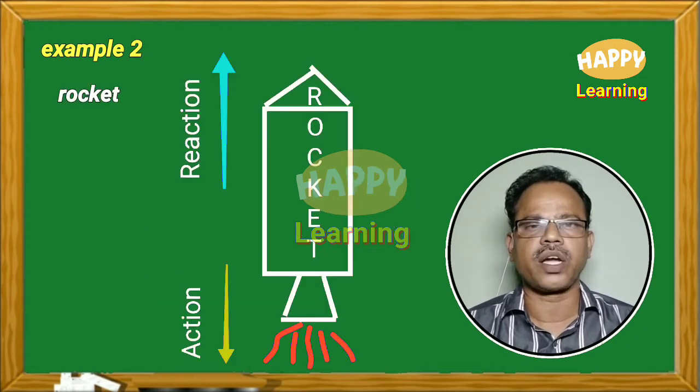Example 2. Rocket. So this is a typical rocket. When the rocket is fired, it releases hot gases in the vertically downward direction, and the rocket lifts off in the vertically upward direction.